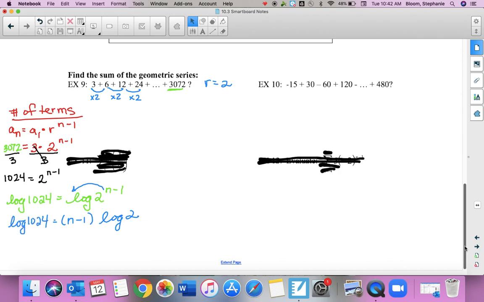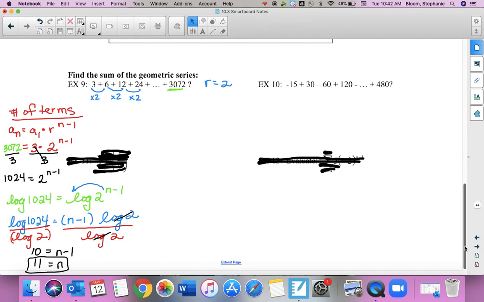And remember, log of 2 represents a number, so we're going to divide by log of 2. You'd want to do that in parentheses. When you do this, the log of 1024 divided by the log of 2 is a 10. That would be equal to n minus 1, and then you're going to add 1. So this has 11 terms.